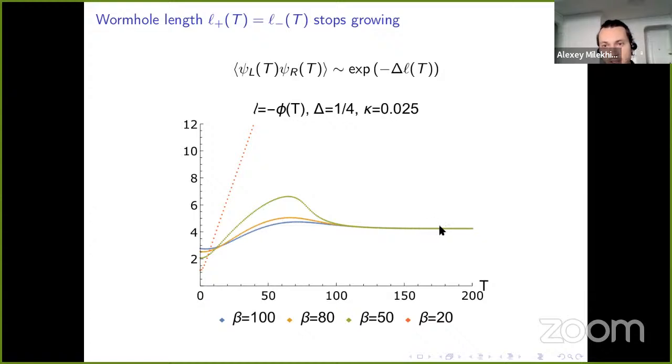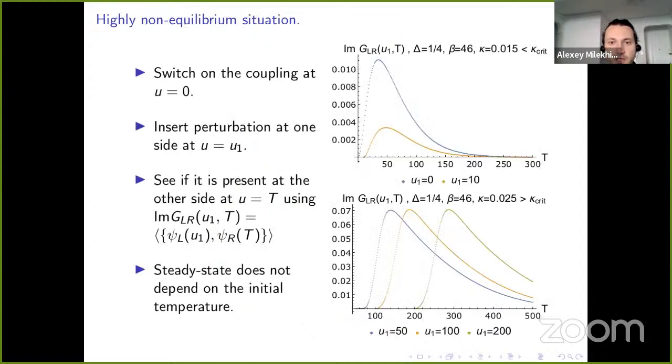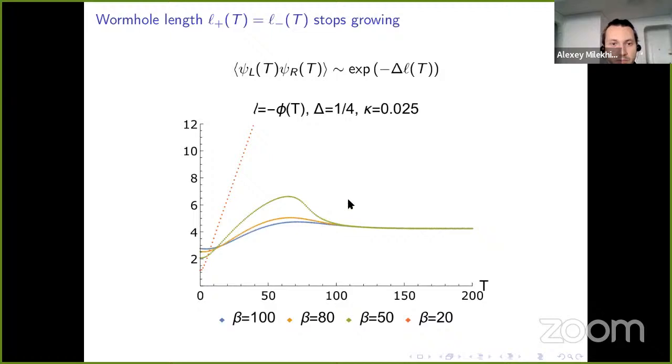It doesn't decay, and it also means that the commutator between left and right will be large. I don't want to go into the detail, but this is what happens. This is the fact that you have an eternal wormhole, because the length of the Einstein-Rosen bridge stops growing.